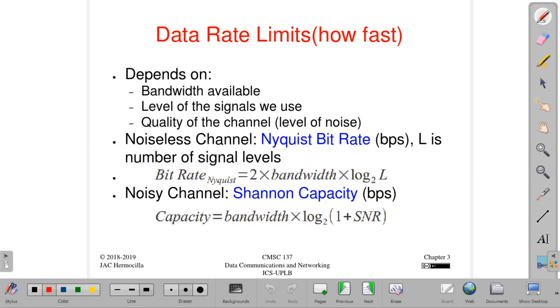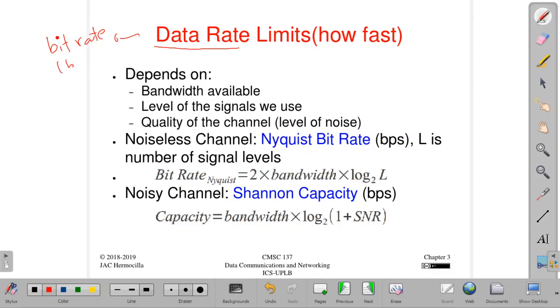Okay, so we now know the different characteristics of data signals and transmission impairments. Now, is there a limit on the data rate? So data rate, as I've said before, is really related to bit rate, the number of bits that you can send per second.